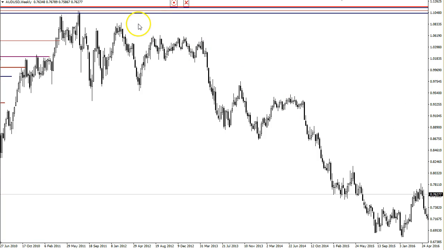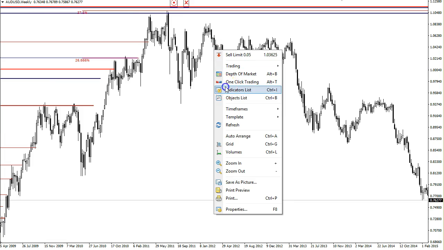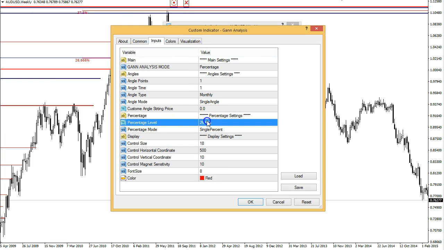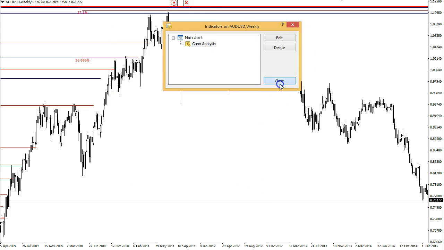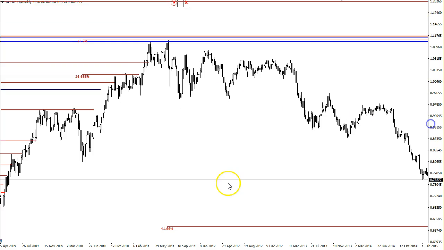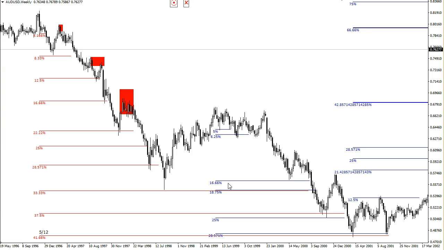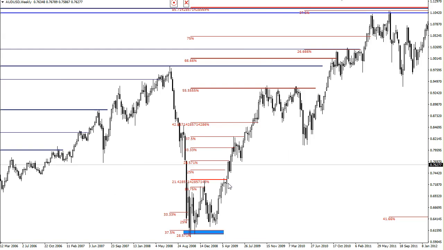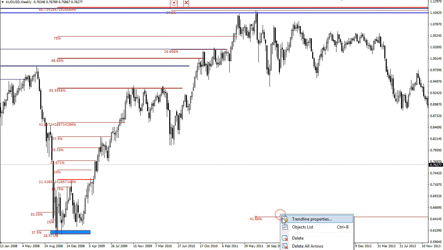From that historical high that we have so far, what automatically comes to my mind is I will put 41.66 on the chart before doing anything. And I know the 41.66 is 5 pi, coming from 5 pi 12.